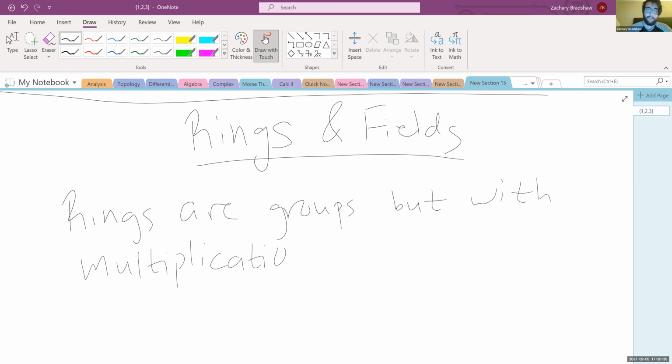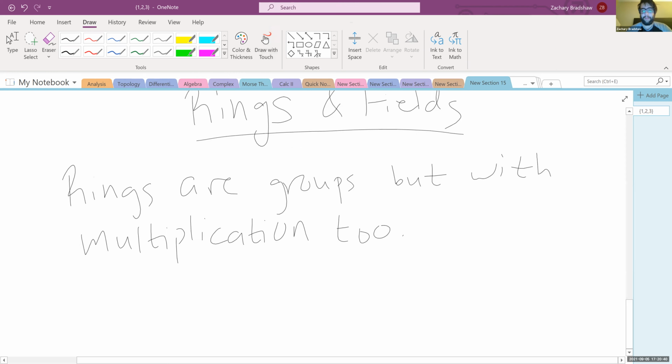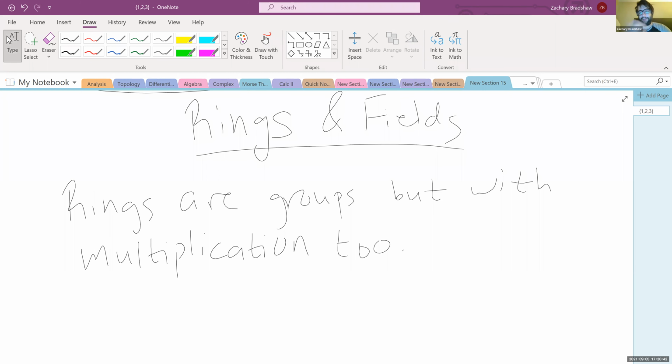Multiplication 2. So that's not exactly right. It needs to satisfy a few other properties. So it needs to be distributive.